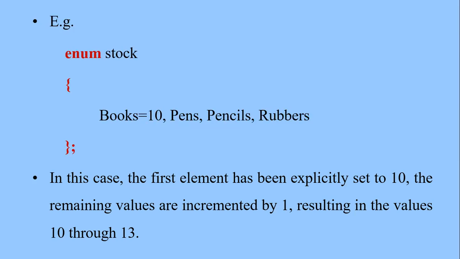So anytime you want to change the starting value of the list of your items in the defined data type, you should always initialize or assign a value to the first item or element in the list, and the rest will just be an incrementation of 1 from the previous.